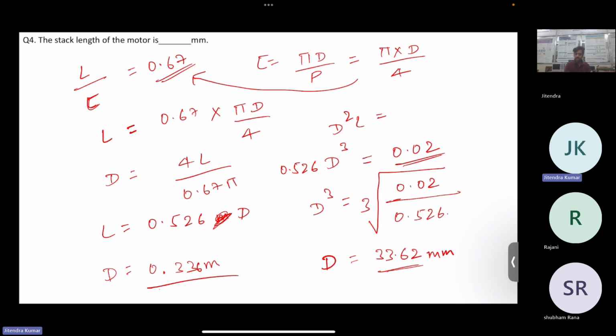So that is the diameter of the machine given the parameters. Next we need to calculate the stack length. We have the relation between L and D. L is equal to 0.526 into D, and D is 0.336, so L is 0.176 meter.